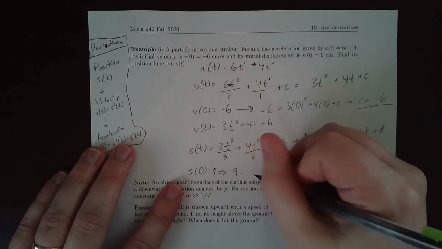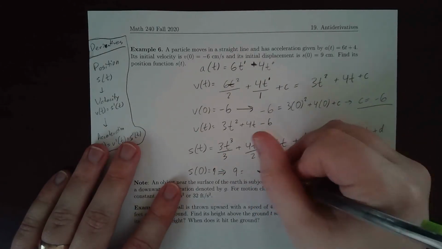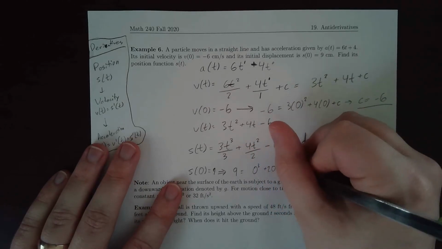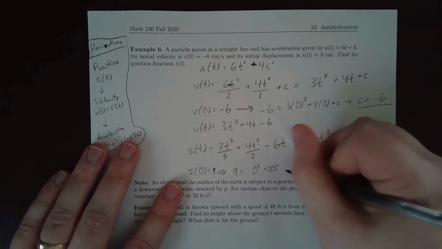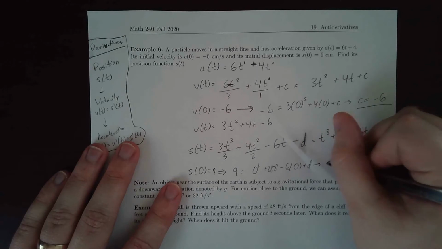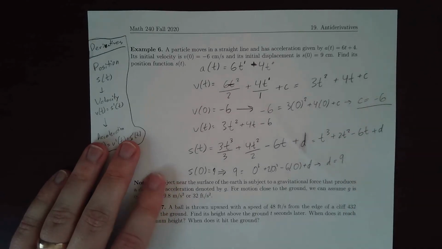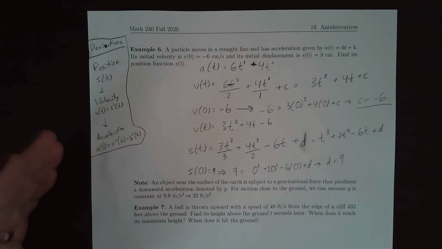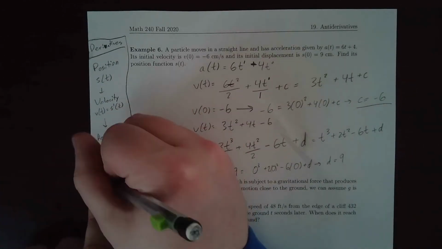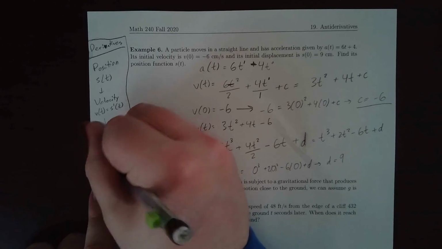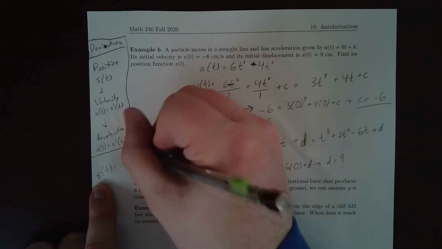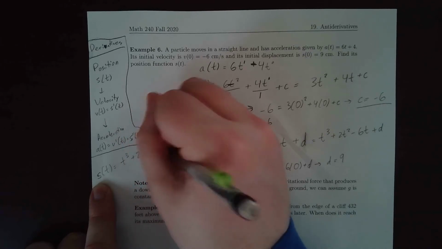And when we do that, we'll get 9 equals 0 cubed plus 2 times 0 squared minus 6 times 0 plus d, which tells us that d equals 9. And so if d equals 9, then that means that our original s of t will be t cubed plus 2t squared minus 6t plus 9.